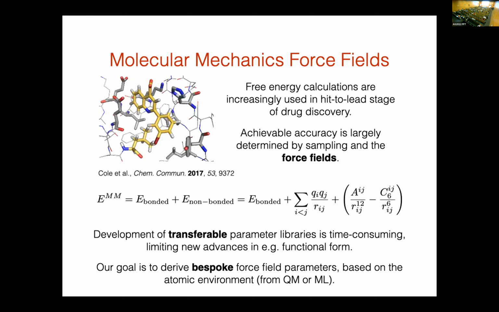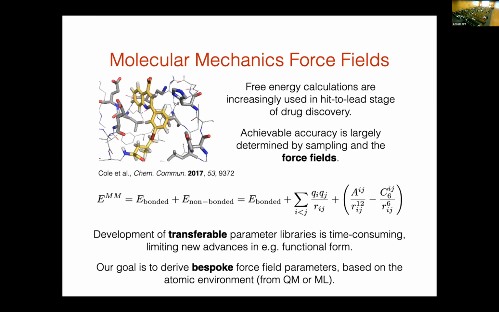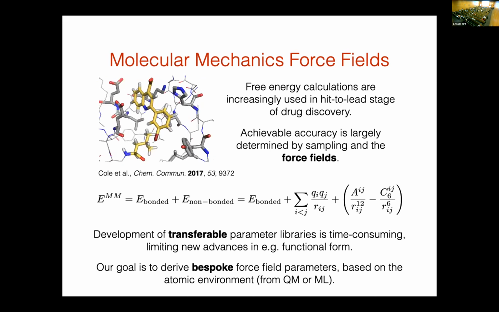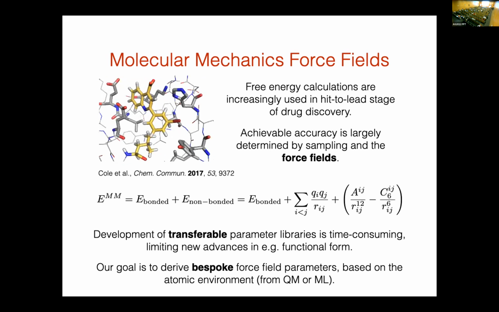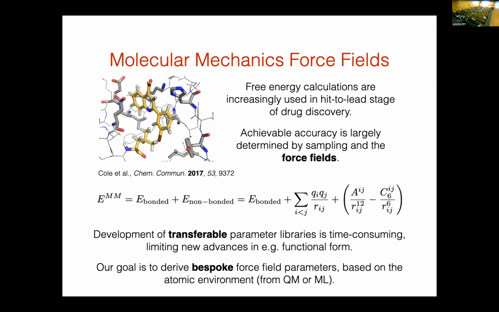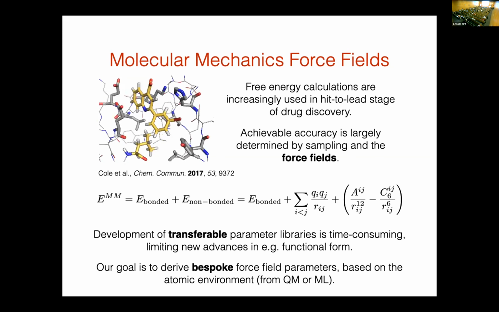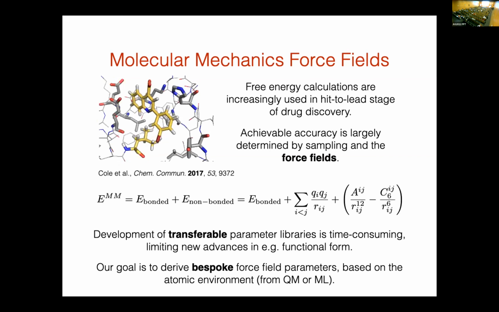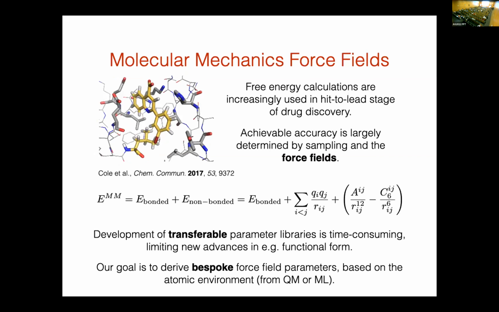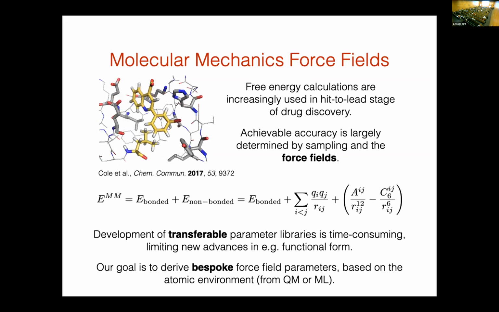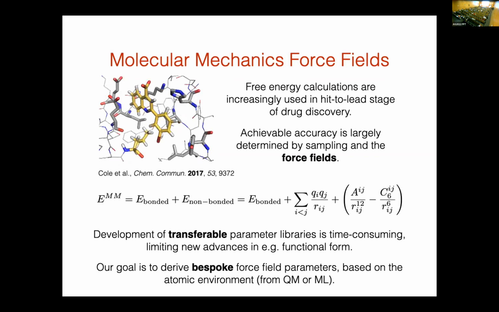But as we've heard already in this session, the problem with these force fields is that they require very, very large parameter libraries. And constructing these is extremely time consuming. Which is limiting new advances in functional form. So the goal in my group is to try to derive bespoke force field parameters directly for the molecule under study.